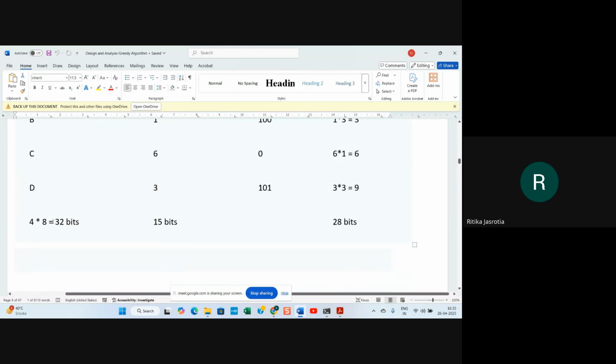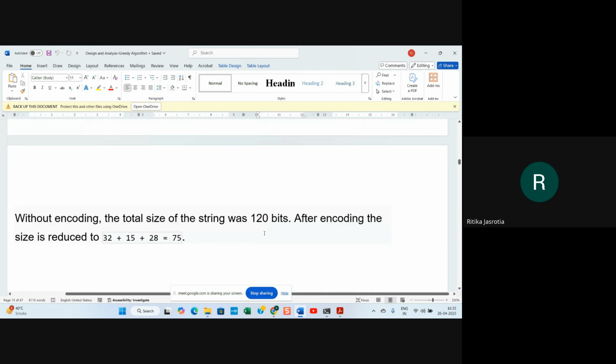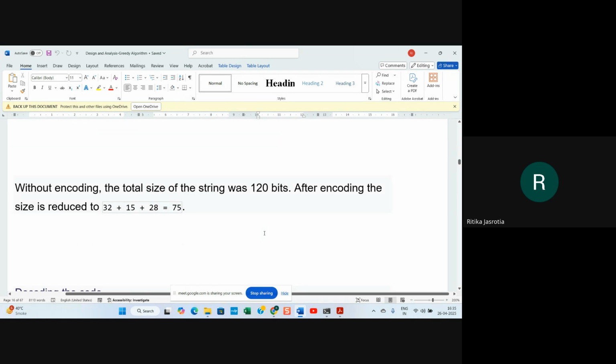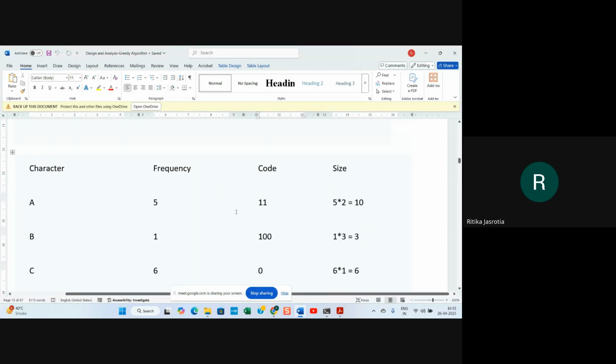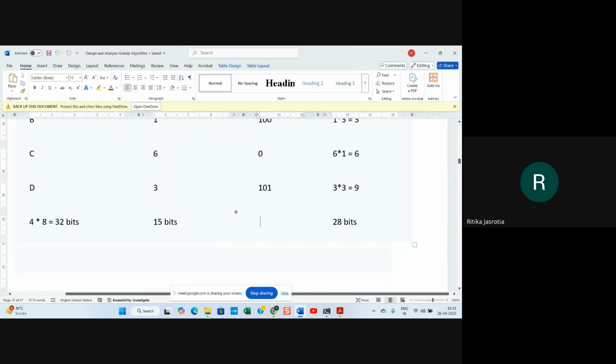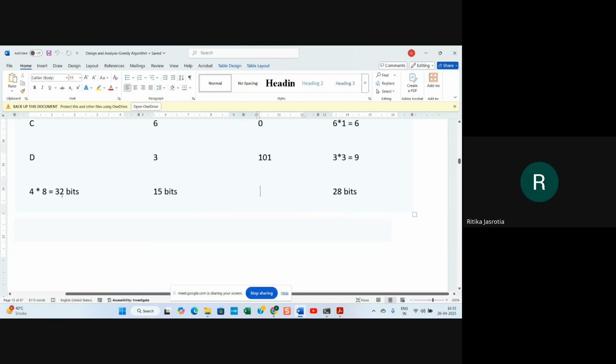It was earlier 32 bits, 4 into 8, but now it is 28 bits after compressing. So without encoding, the total size of the string was 120 bits. After encoding, the size is 32 plus 15 plus 28.